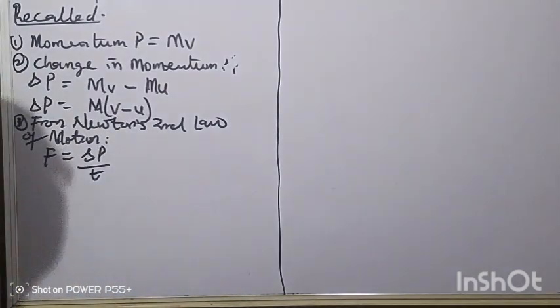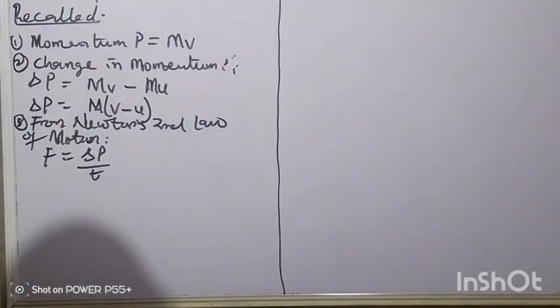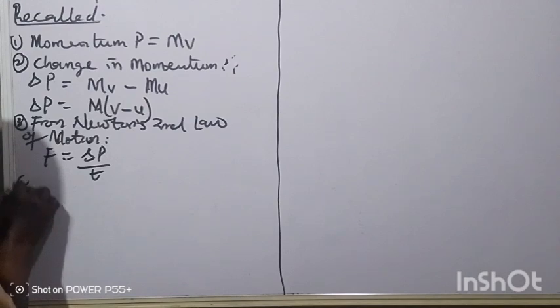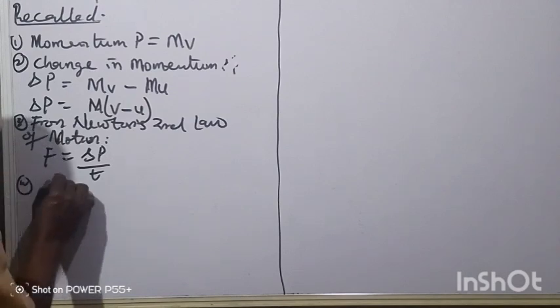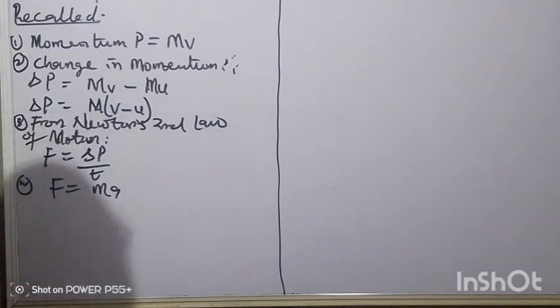That is, the rate of change of momentum is directly proportional to the force applied. Then, from this Newton's law of motion, that is number 4, we can say that F is equal to ma, that is mass times acceleration.